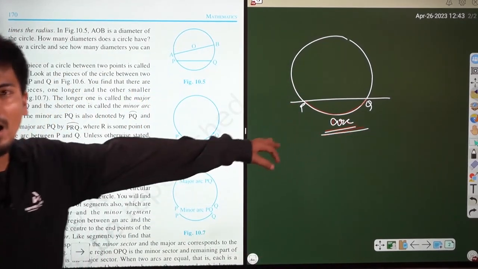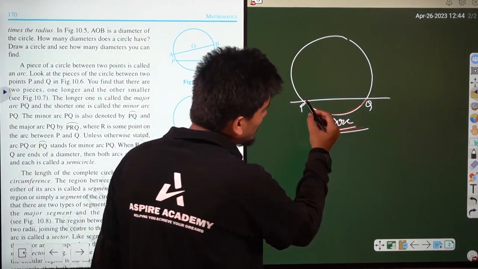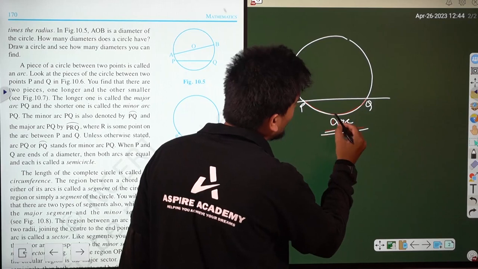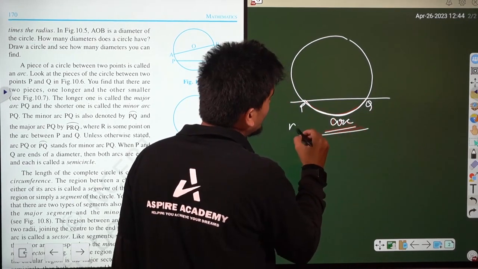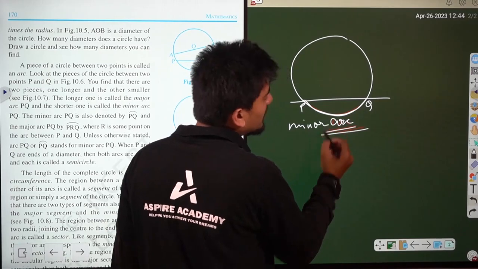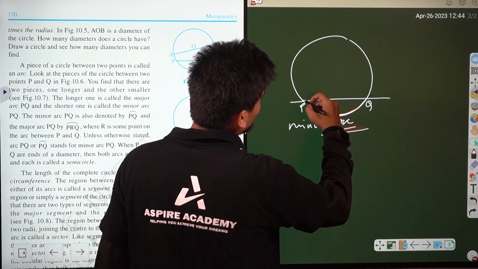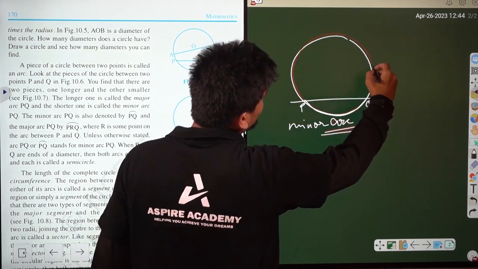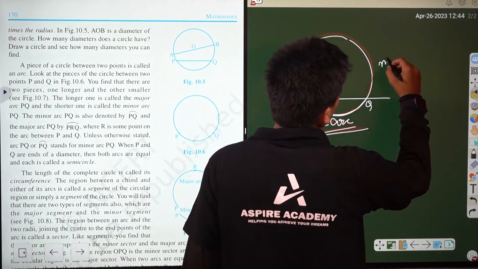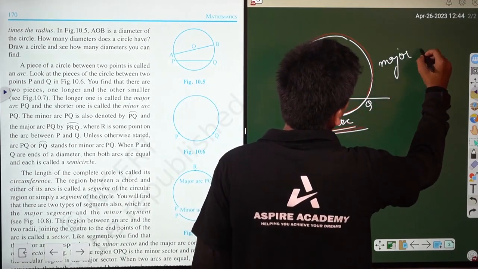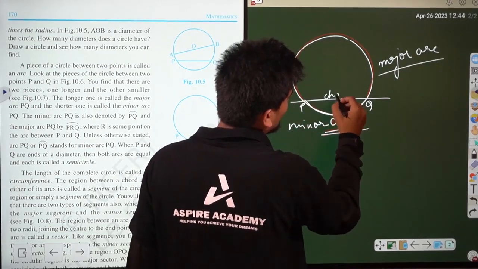Since this is the smallest part, we call it the minor arc. And since this whole part is the bigger part, we call it the major arc. Okay, major arc, and this is the chord.